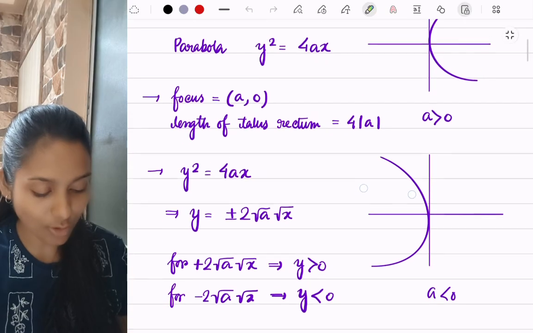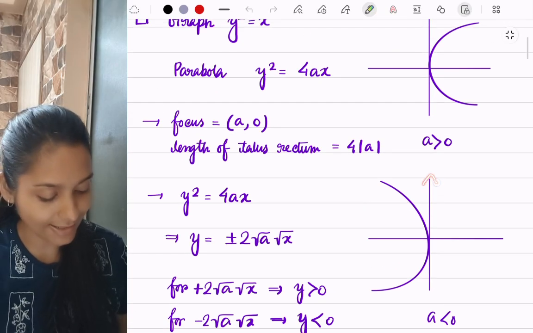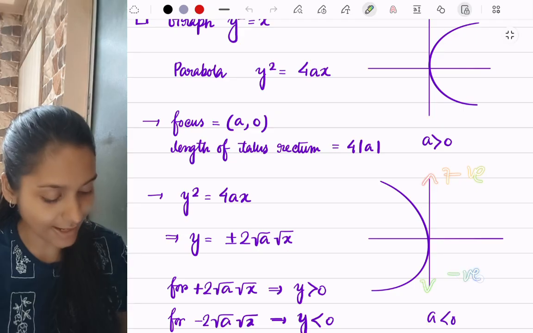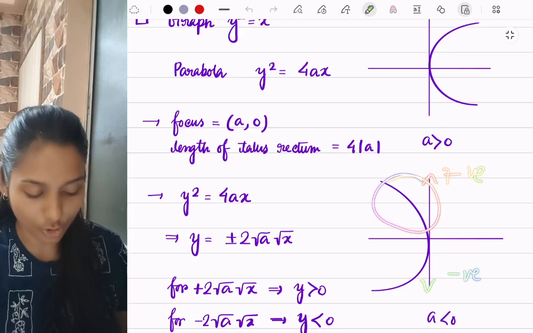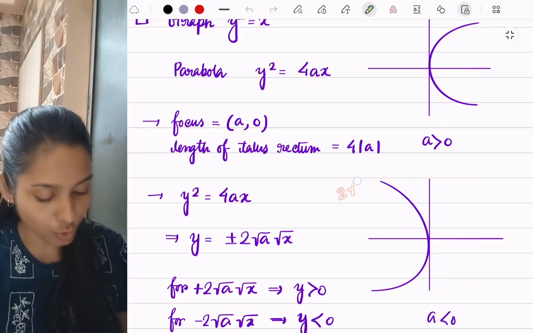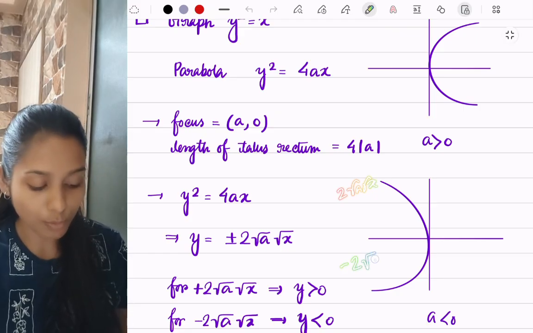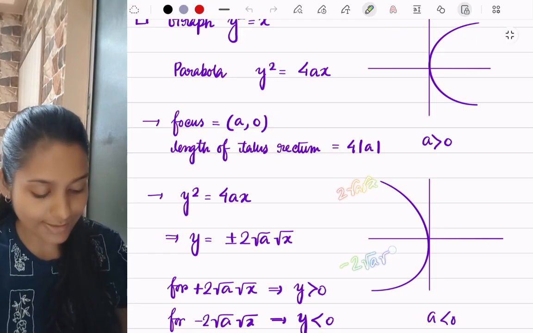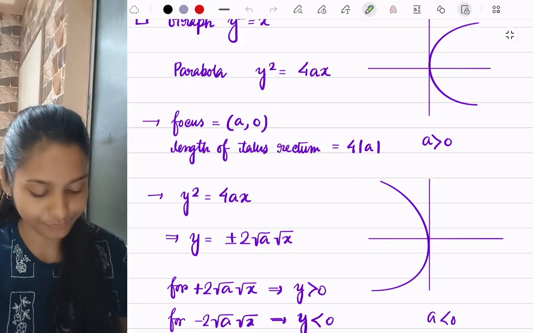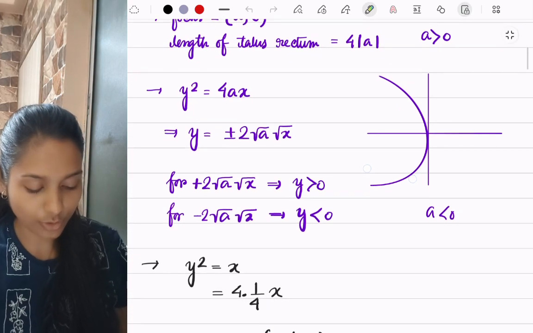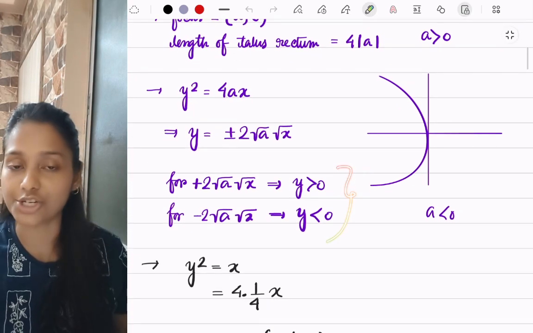It is obvious because this side is the positive side and this side is the negative side. So this side corresponds to plus 2 root a root x and this side corresponds to minus 2 root a root x. So here we have this relation.